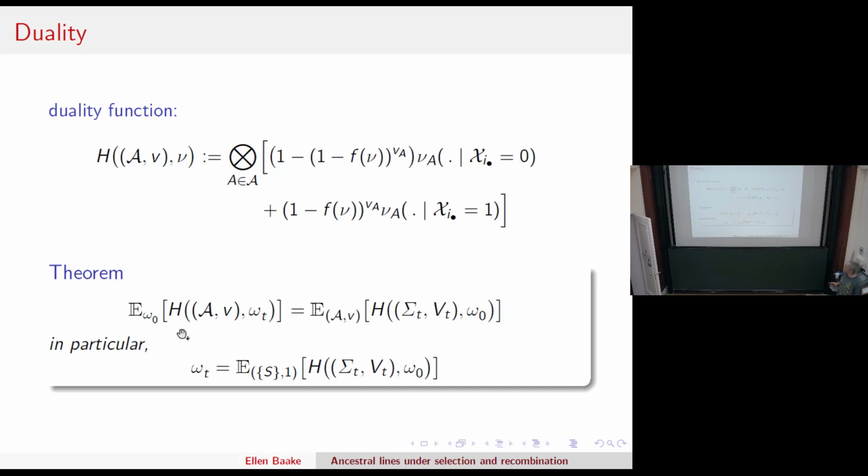This left-hand side is actually deterministic because we've taken the deterministic limit, and in particular we can write the solution of the differential equation as the expectation of the duality function with the weighted partitioning process started in the coarsest partition with just a single line. Okay, and that is it, and thanks for listening.